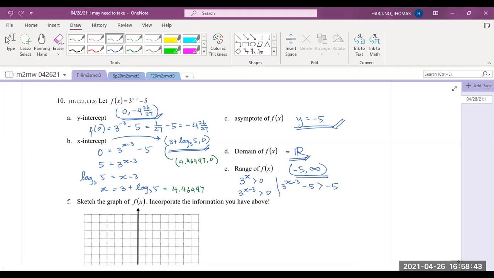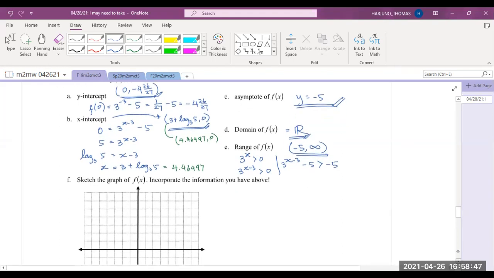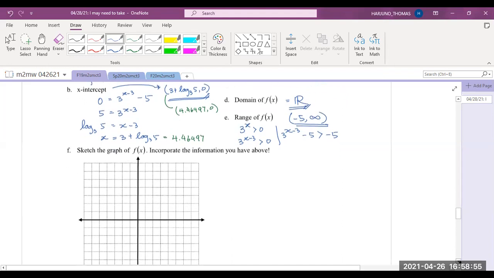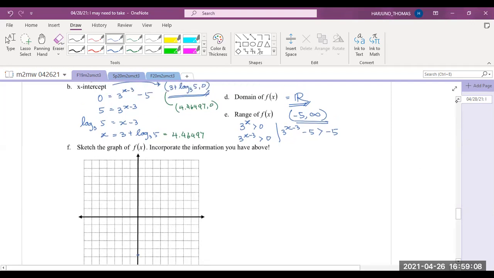Now let's plot it. Now the thing is, we can't really use a coordinate that is not accurate though. So for example, part A, that's y-intercept 0, almost negative 5, right? 0, almost negative 5. But this number is not reliable. This coordinate is not reliable. Just like that approximate 4.5 for the x-intercept, this coordinate is not reliable.